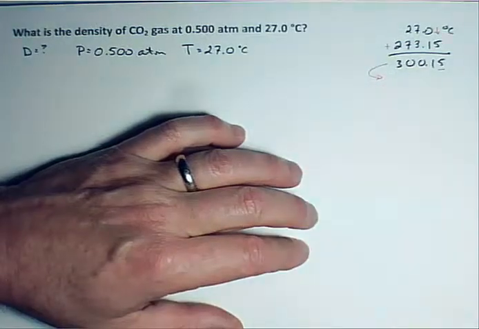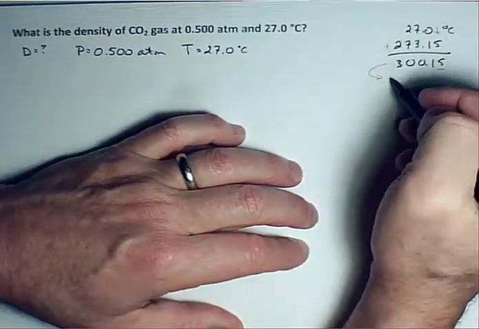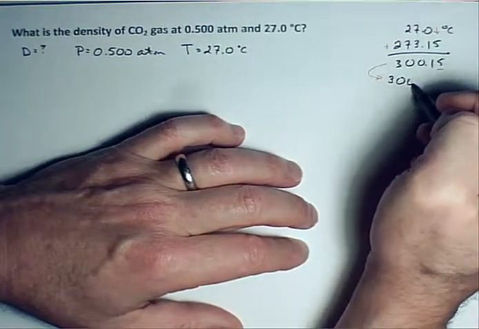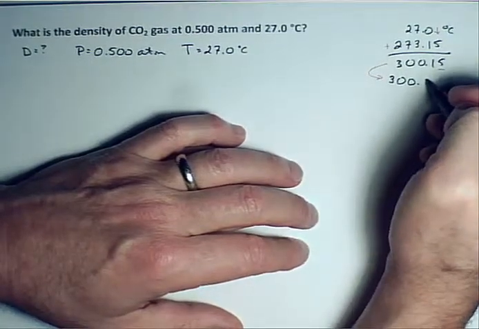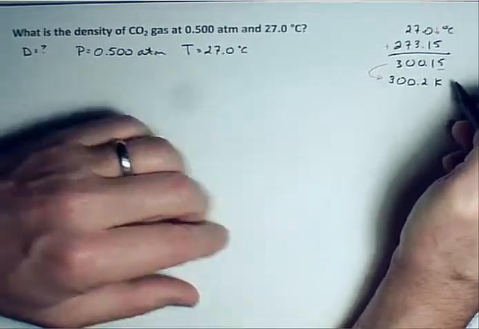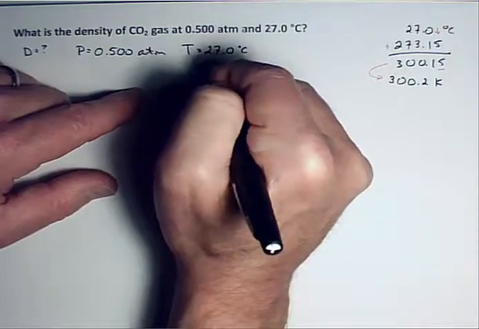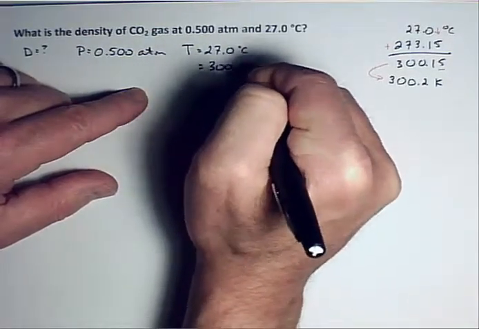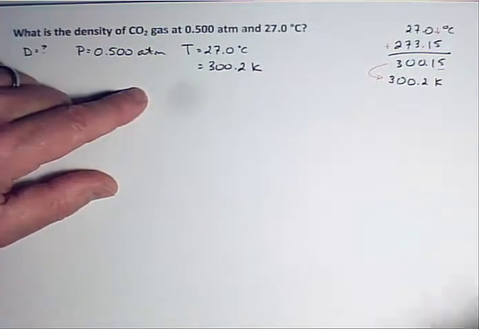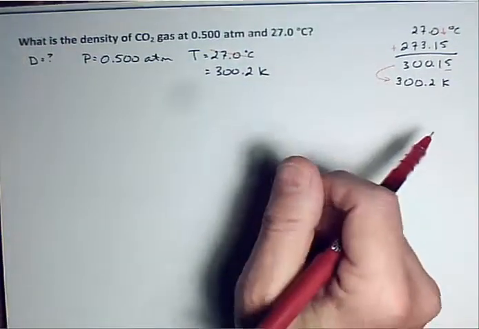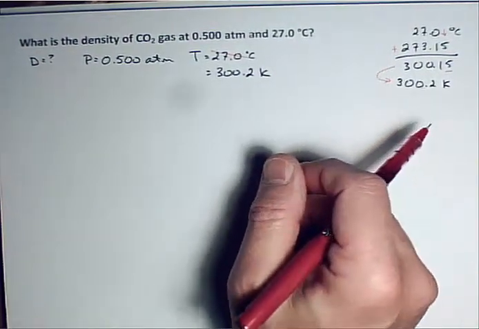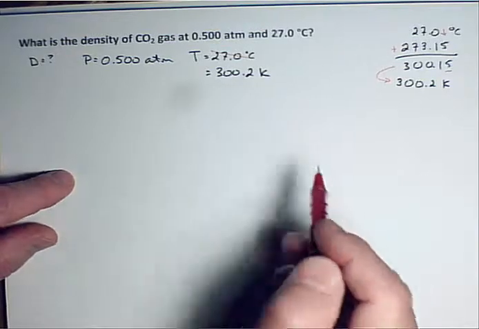We draw an arrow to show a rounding off. And the amount or value of Kelvin that we're going to use is 300.2. So we'll say that's 300.2 K, and you don't have to, but I kind of tend to draw a line through that just to remind myself I don't want to use degrees C, I want to use Kelvin.